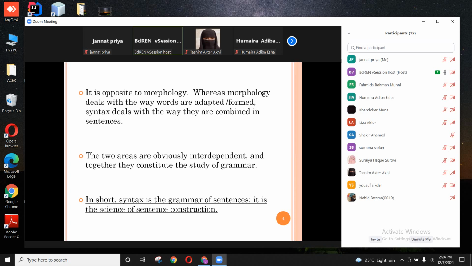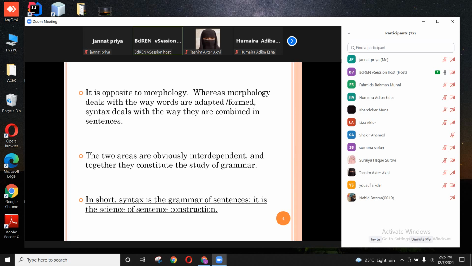So there is a relationship between these two areas, morphology and syntax, as it has already been mentioned that they are interdependent. Interdependent means one depends on the other. And when we talk about grammar, we basically talk about these two areas of linguistics, that is morphology and syntax.